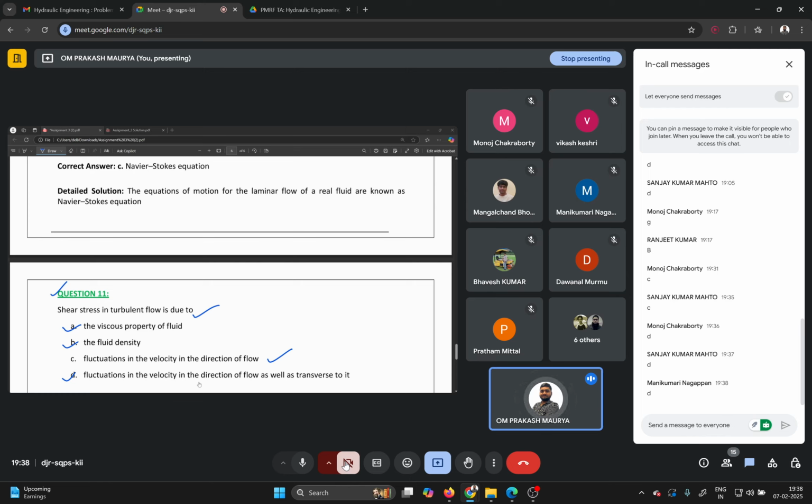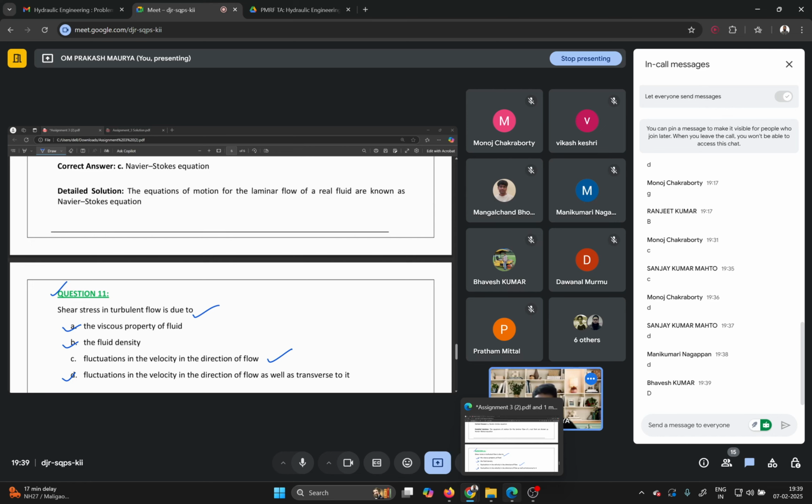Sanjay is also telling option D. Other students, please also try to give your answer. Okay. Everyone is telling option D is correct.